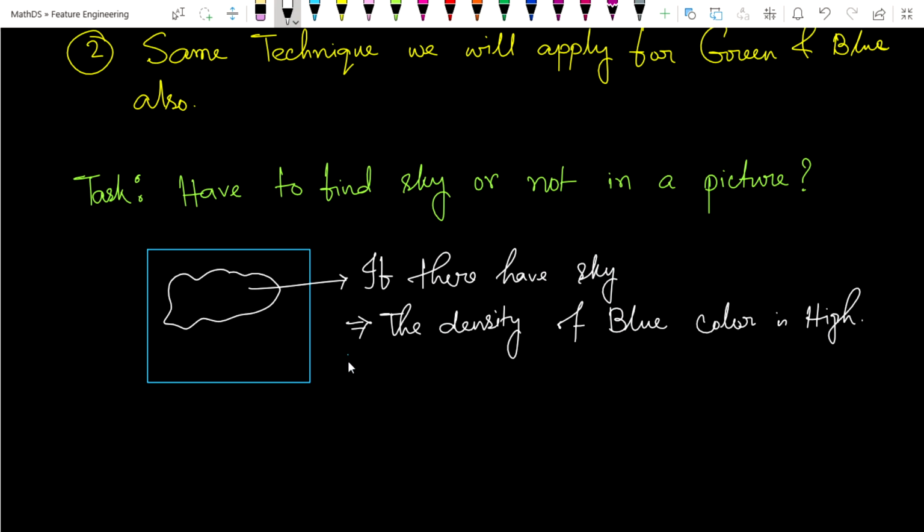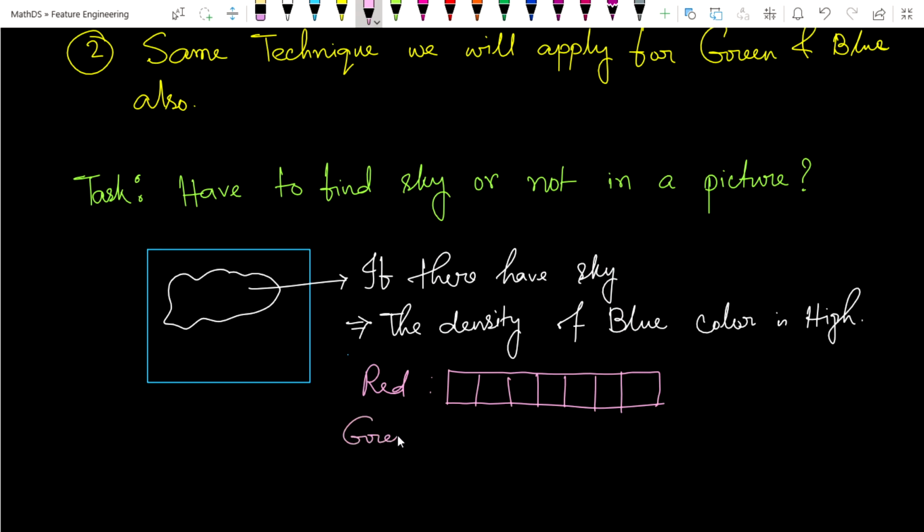Okay. And we have the feature vector of each color. We have the feature vector of the red color, this is the feature vector of red color, looking like this. We have the feature vector of the green color, and the feature vector of blue color.